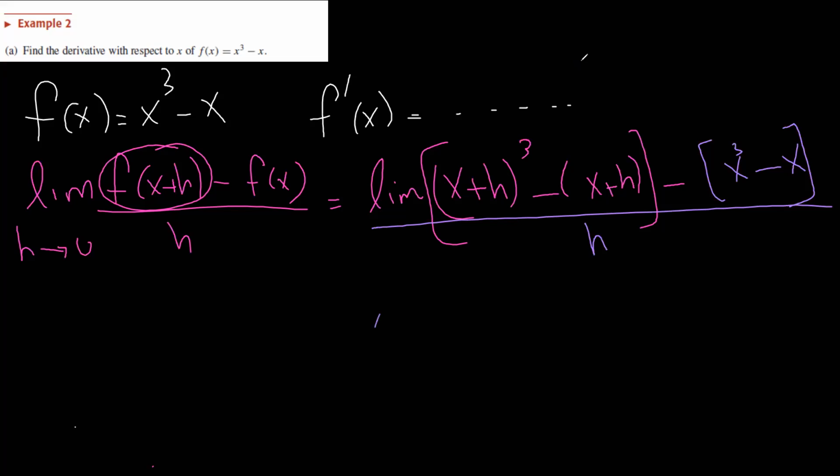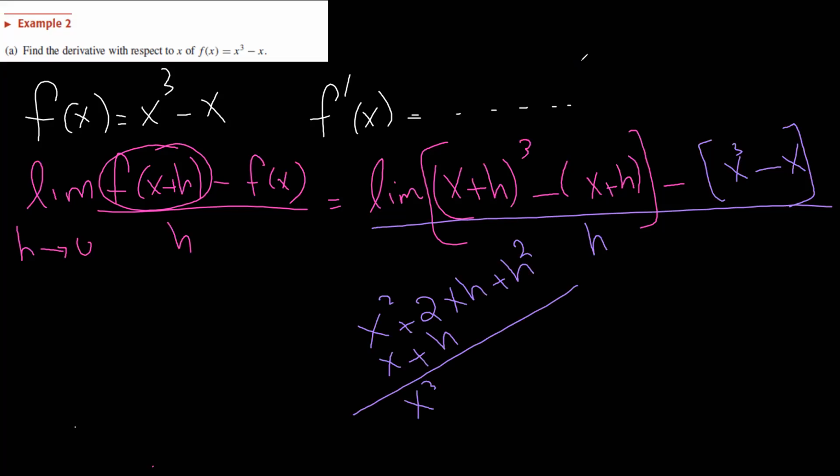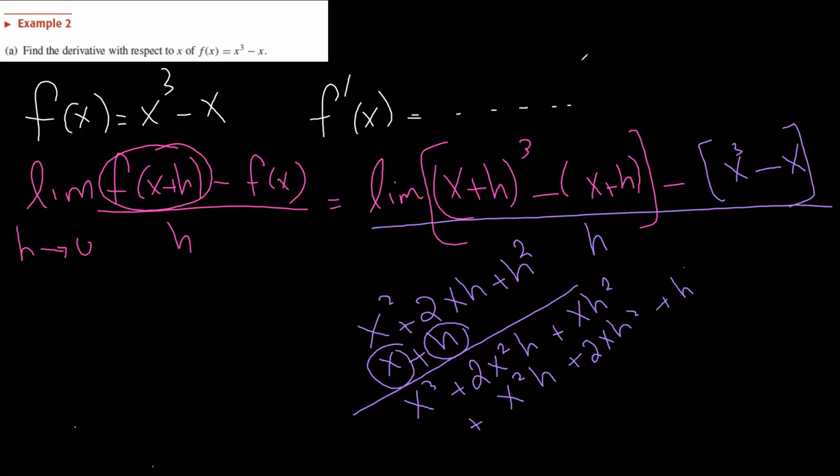Now x plus h squared, as we said before, is x squared plus 2xh plus h squared. Now this one, let's multiply it by x plus h. What did you say? x cubed plus 2x squared h. Let's multiply x first with each term, plus xh squared, plus, now let's multiply h with x squared, plus 2xh squared, plus h with h squared, which is h cubed.